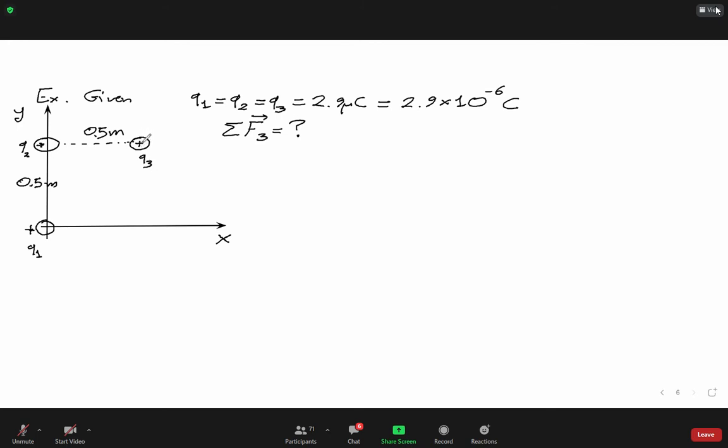What is the force on Q3 due to? Well, first of all, there is an interaction between it and Q1. So the net force on Q3 will have to be made up of the force on 3 due to 1. I'm going to call it F1. And then there is a separate interaction between Q2 and Q3, which will produce another force that I'll call F2.